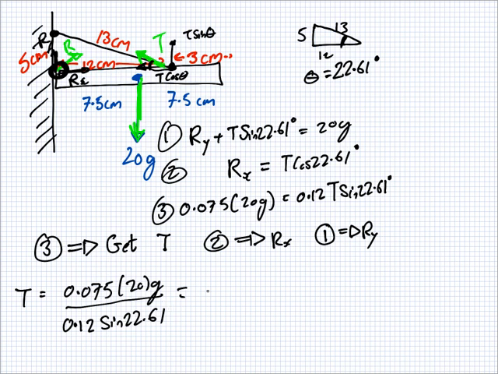Should be 319 newtons. Okay, and the Rx will equal 319 cos 22.61.